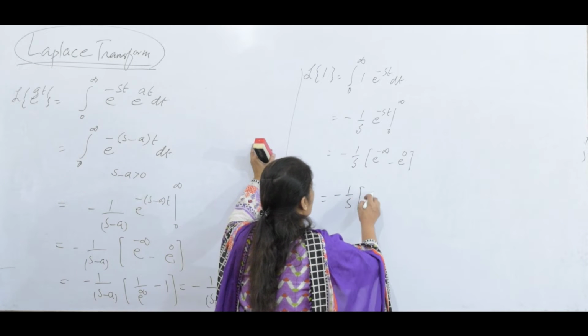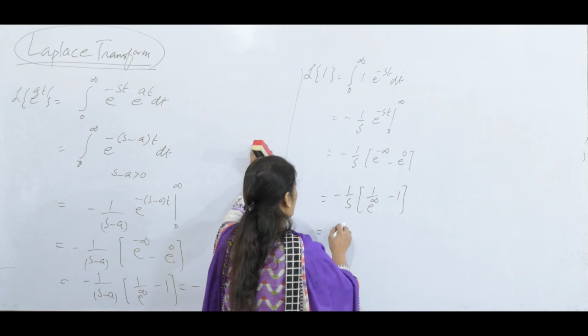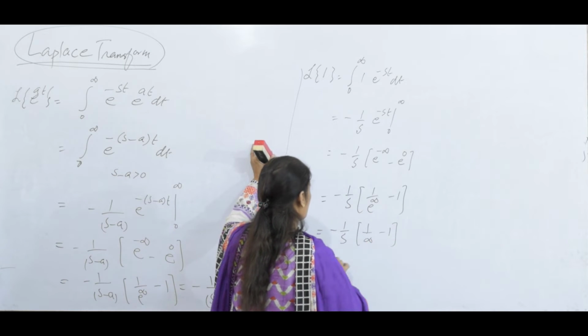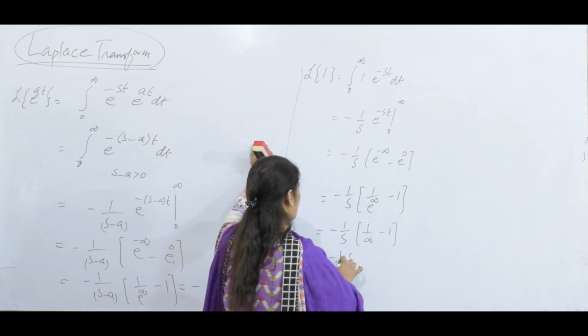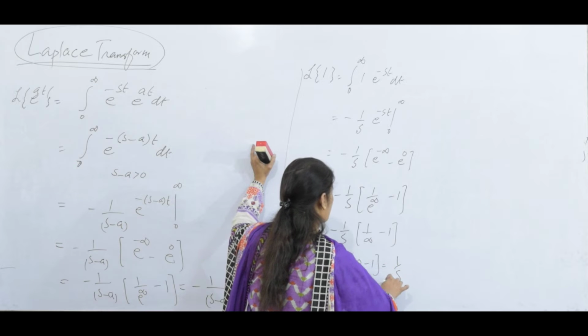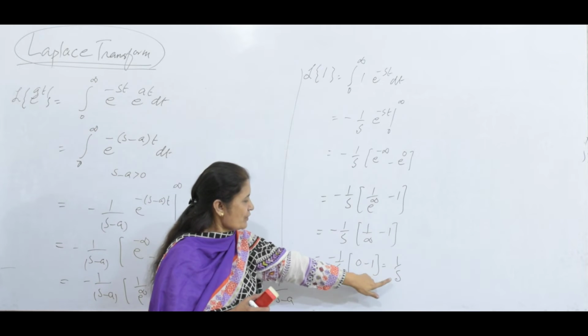So minus 1 over s times (0 minus 1) is 1 over s. So the Laplace transform of 1 is 1 over s.